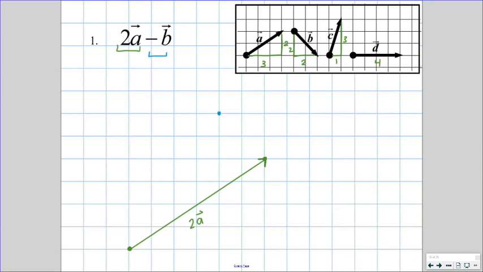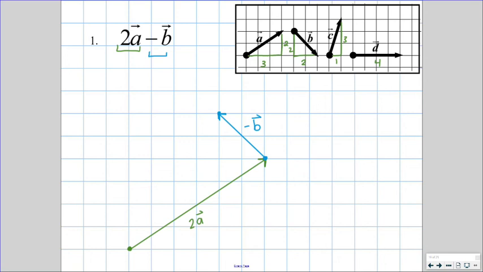So tail to head means I'm going to start negative B where 2A ended, and then we're going to extend out to the place where we have the head of negative B. Tail to head means we put the tail of the second vector at the head of the first.